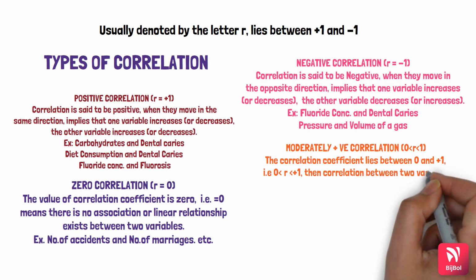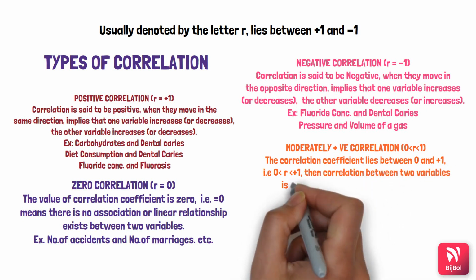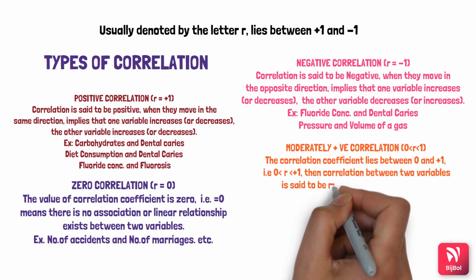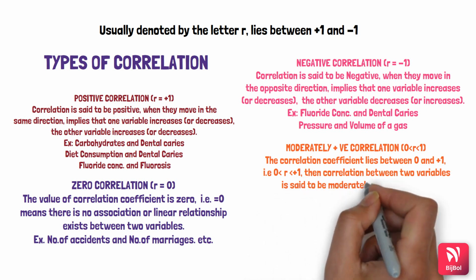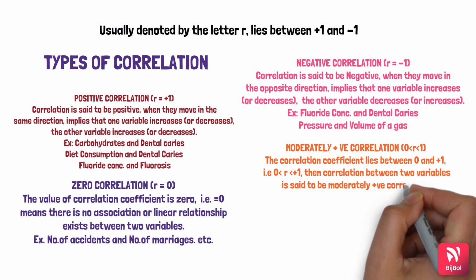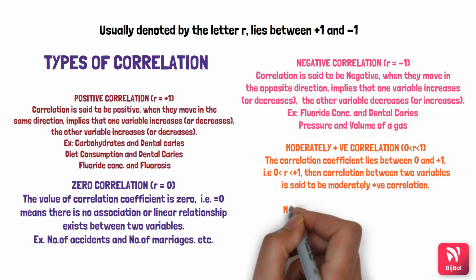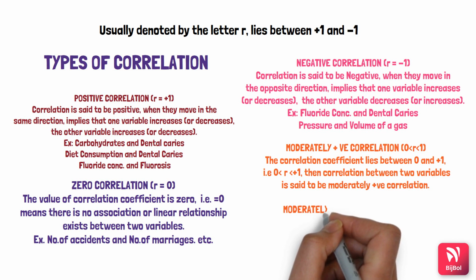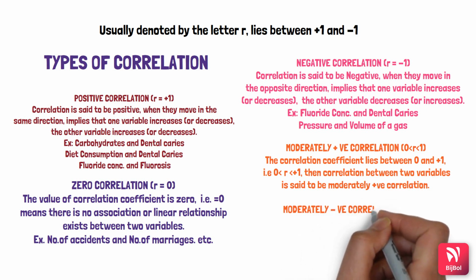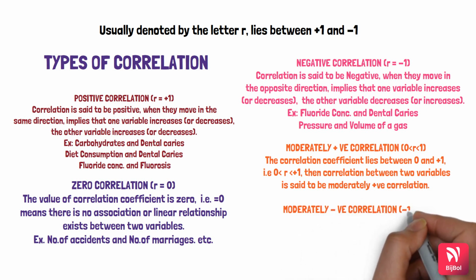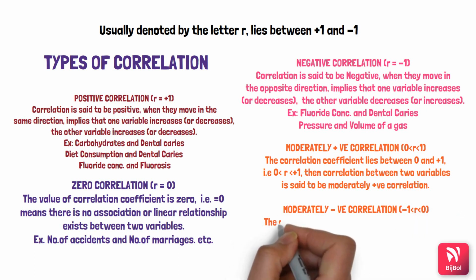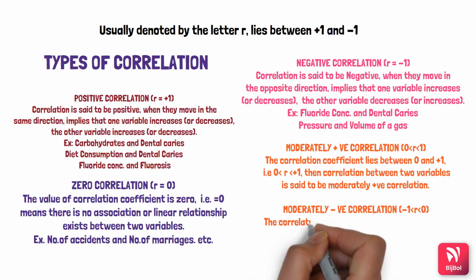So moderately there exists a positive relationship between the two variables that are compared whenever you get an R value between 0 and +1.